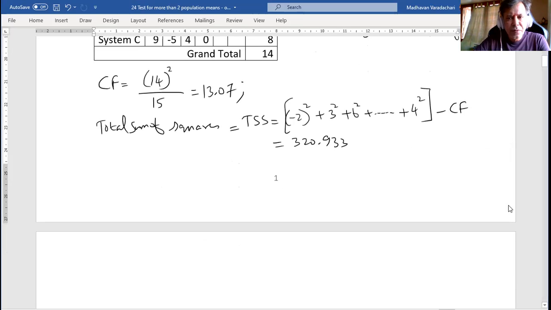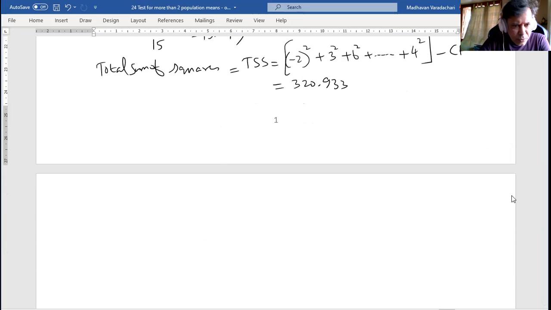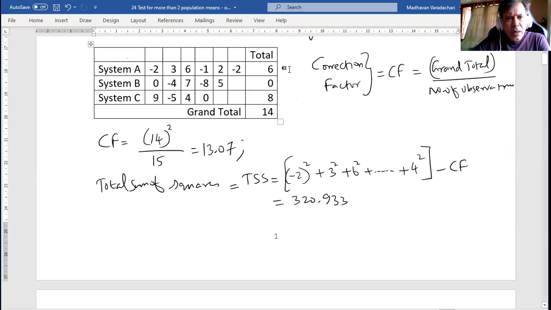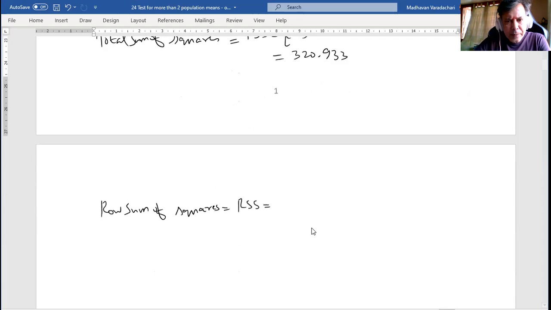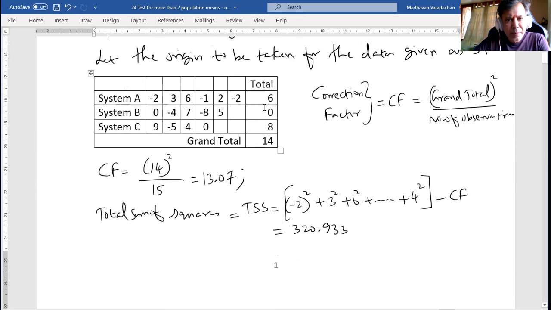The next step is to find out row sum of squares, shortly written as RSS. What is that? Individual rows total the square, means 6 square. Then this 6 is made out of how many observations? 6 observations.